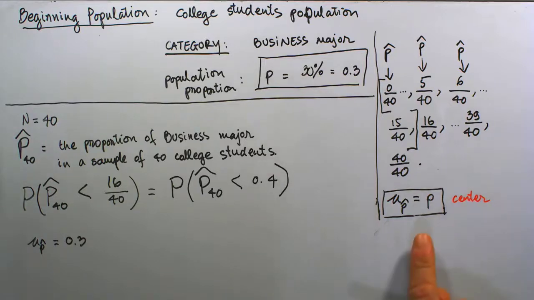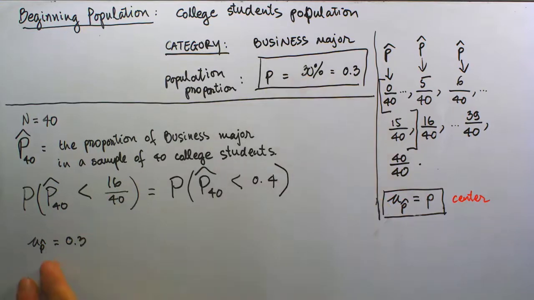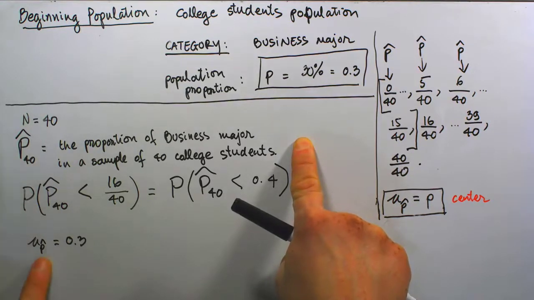I'm just telling you that this result is guaranteed by a theorem, and it was formally proven. Applying that to this problem, the center of this population of sample proportions will equal exactly 0.3, and that is the consequence.